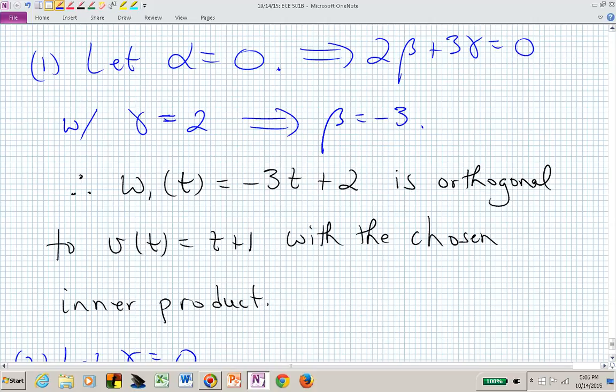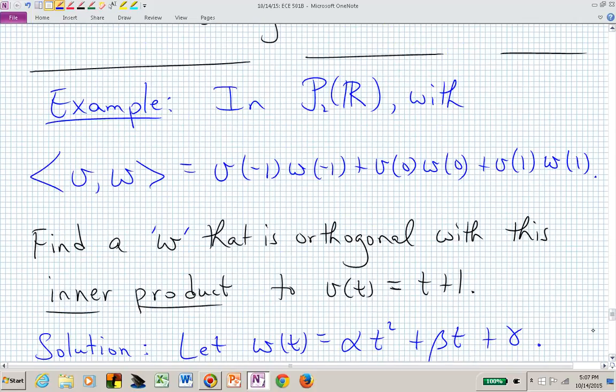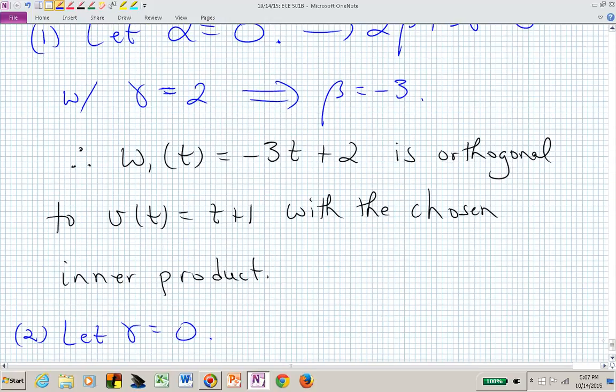These happen to both be linear, but they may not look orthogonal in our normal geometric perspective. But the orthogonality depends on the inner product that we've defined. And under this inner product, V and W1 will be orthogonal.